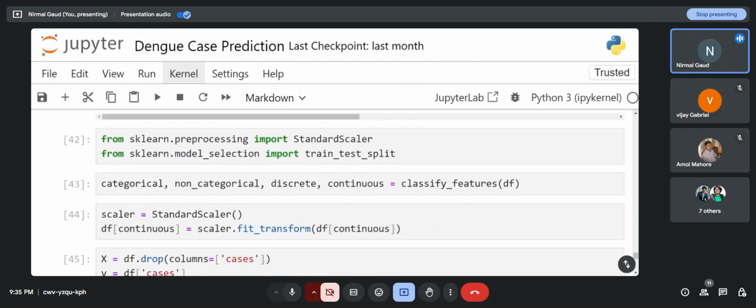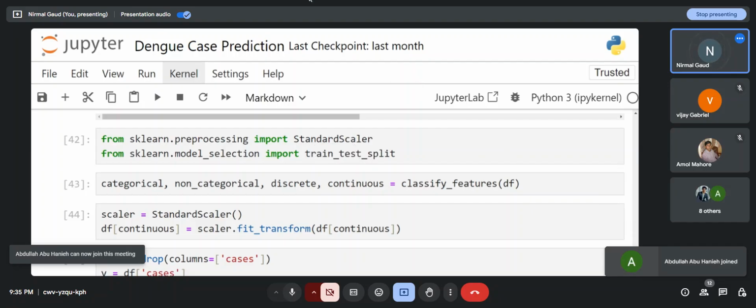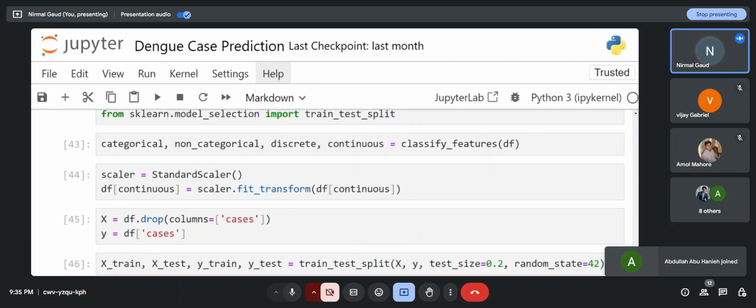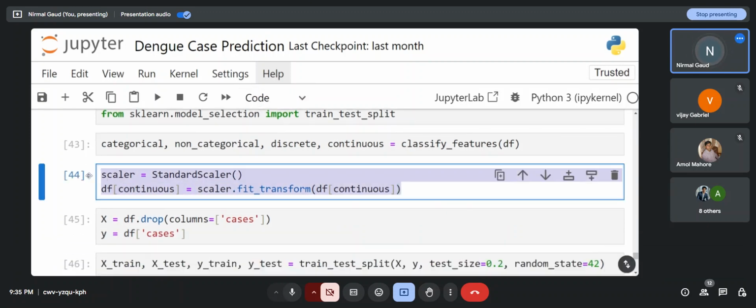So I used standard scaler, because you know that algorithms like SVM require standard scaler. So I imported standard scaler, and whatever my continuous features are, I applied scaling over them. Only the continuous features will be scaled.